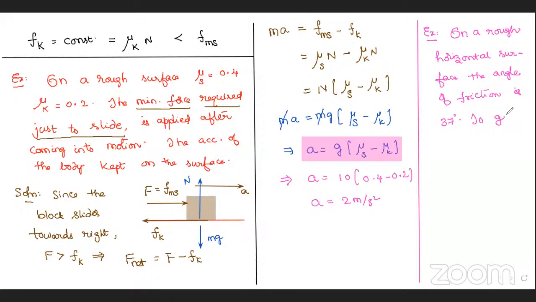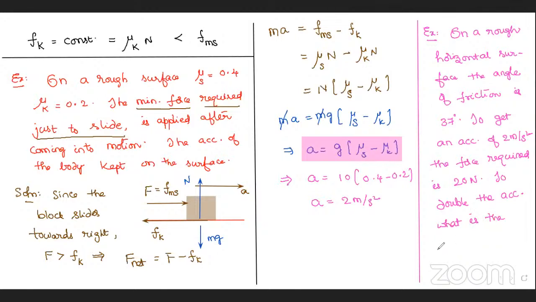To get an acceleration of 2 meter per second square, he said the force required is some 20 newtons. To double the acceleration, what is the force required?